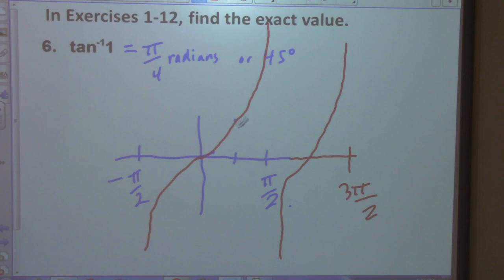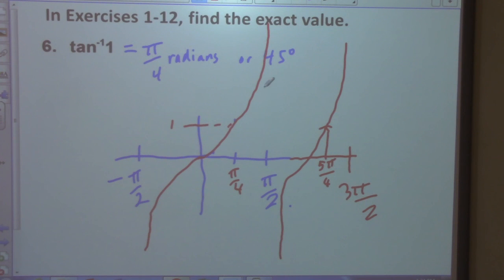So if we take that value of 1, it will occur here at pi over 4 radians, but also over here at 5 pi over 4 radians, because we have a negative divided by a negative.